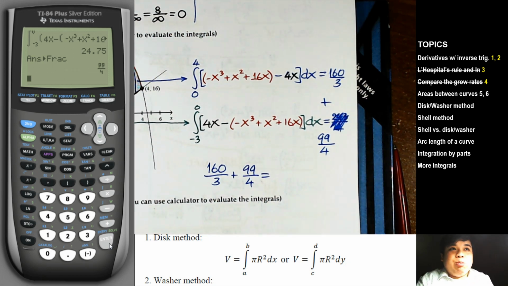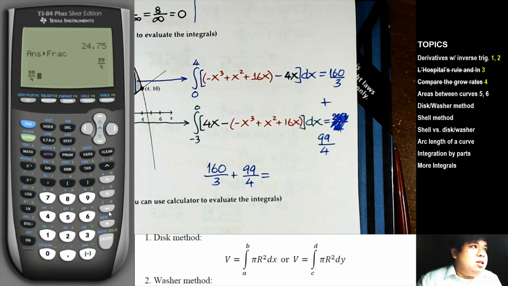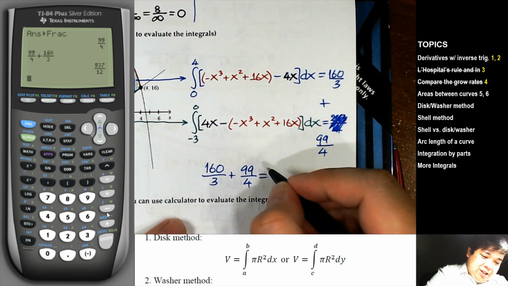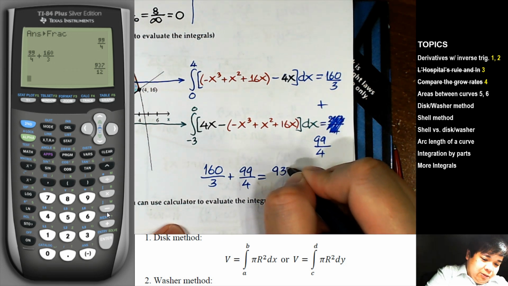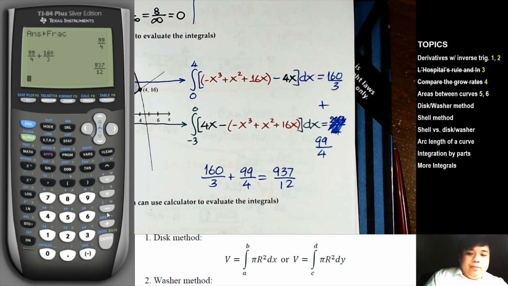Sorry, just need to put the correct numbers here. So again, that number plus that number plus. Right, 937 over 12.